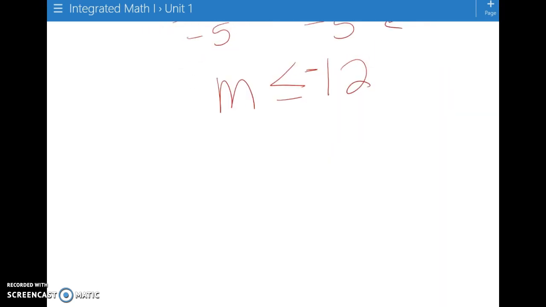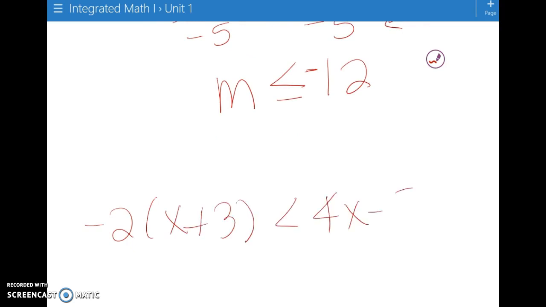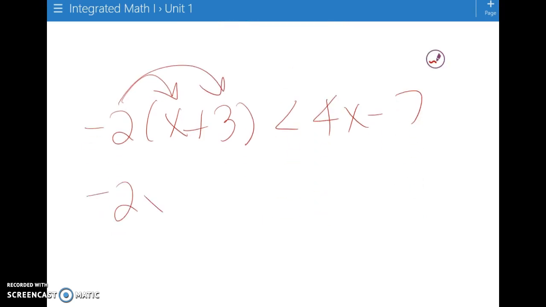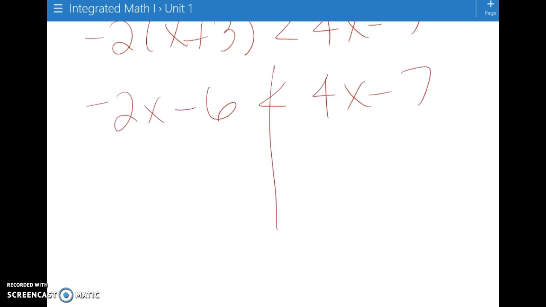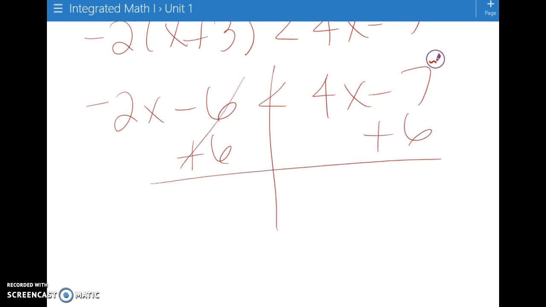And our last example, the biggest one. Negative 2 times x plus 3 is less than 4x minus 7. Go ahead and distribute your negative 2. Negative 2x minus 6 is less than 4x minus 7. We need to get our terms together, so I'm going to add 6 on both sides. You don't have to, but you can.